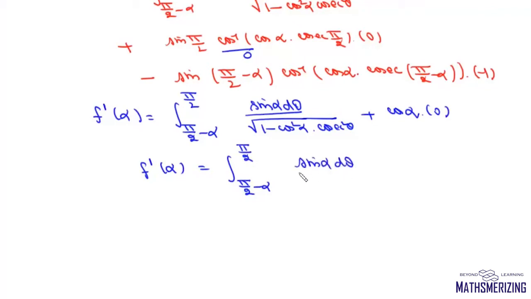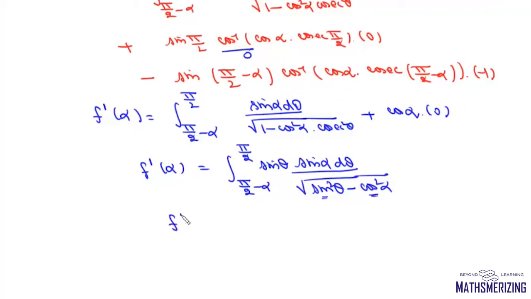So from here we can write f′(α) as the integral from π/2 − α to π/2 of sin α dθ, and we'll change this cosec² θ as 1 upon sin² θ. So it will be under root of sin² θ − cos² α, and in the numerator we'll have sin θ. Now we change sin² θ as 1 − cos² θ, and cos² α is 1 − sin² α.